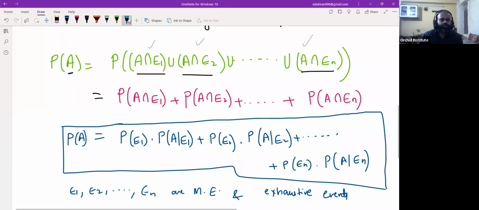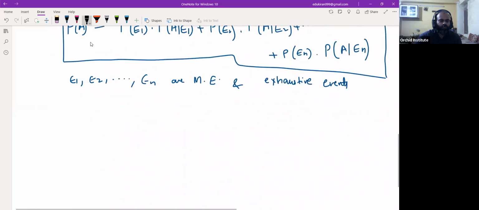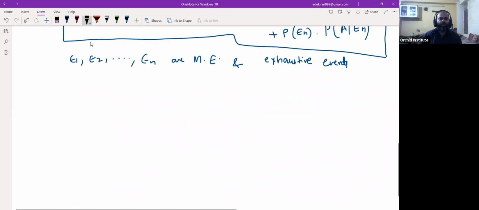Now, when you see this, we come to one concept here in Bayes theorem, which you have to understand before starting Bayes theorem.